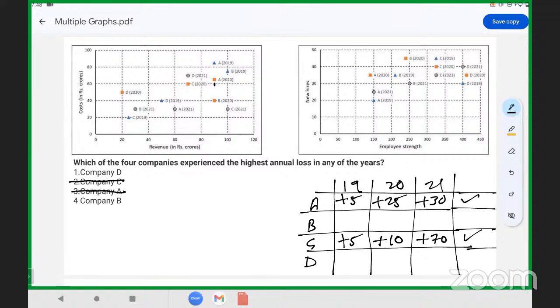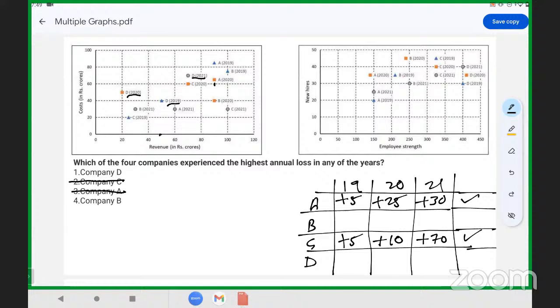So we have only two options, D and B. So let us check for D. So points for D are over here, here and here. Okay. So let us start with 2019. Their revenue was 50 and cost was 40.